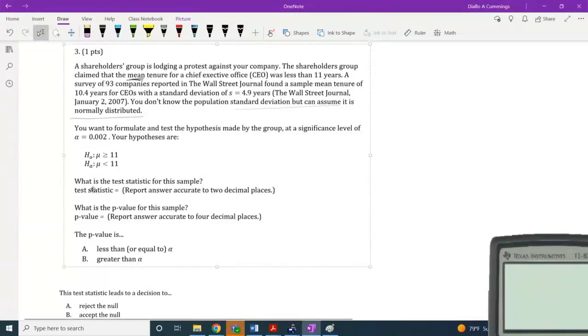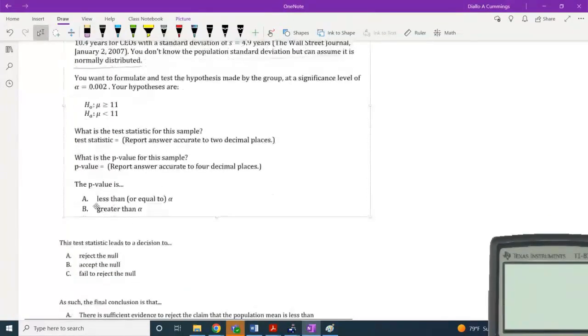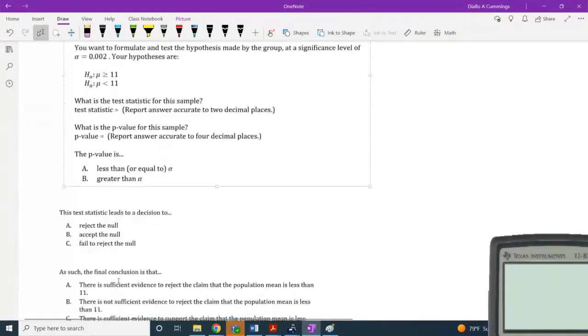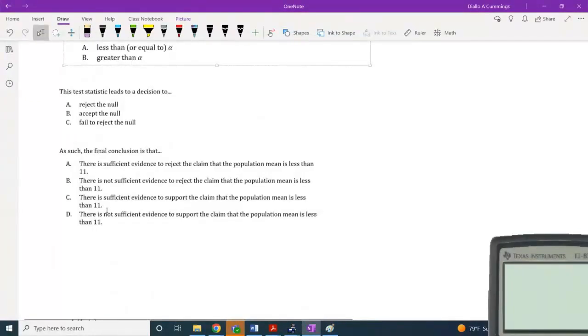So it says, what is the test statistic for the sample? What is the p-value? Is the p-value less than or equal to alpha? Is it greater than alpha? Do you never accept it? So would you reject the null hypothesis? Would you fail to reject? And then we have to write out the conclusion.